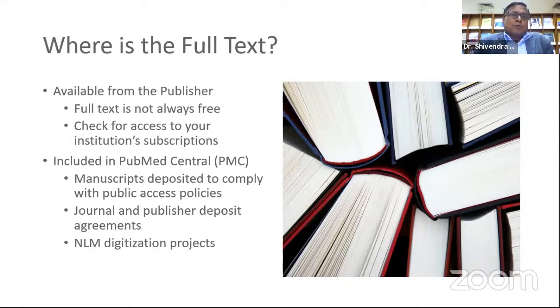To comply with this policy, or similar policies of federal agencies and some other funding organizations, authors deposit their peer-reviewed manuscripts in PubMed Central, ensuring that the public can access the results of research paid for by taxpayer money. Journals and publishers also deposit content in PMC. All the articles deposited in PMC are free for the public.